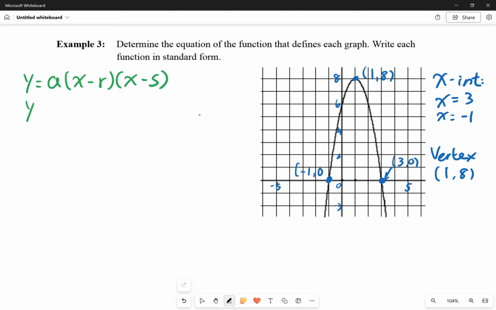Okay. So that's what I'm going to do. R is going to be equal to 3. S is going to be negative 1. So if R is 3, my first bracket is x minus 3. And if s is negative 1, that means my second bracket is x plus 1. Sorry, x plus 1, not s plus 1.